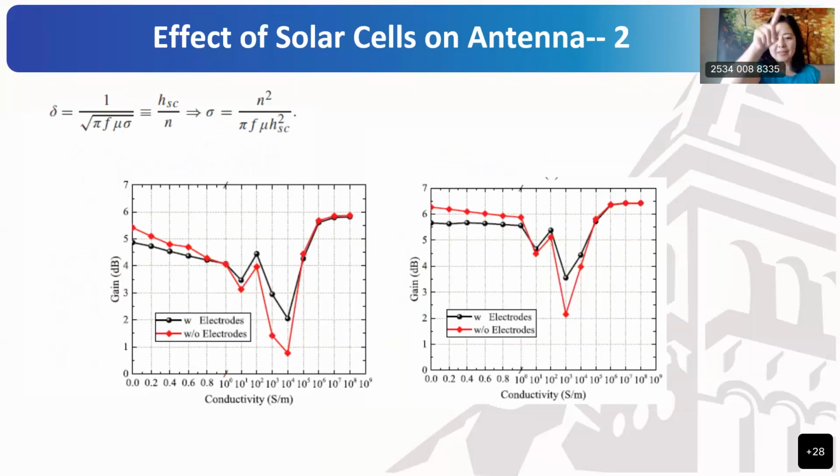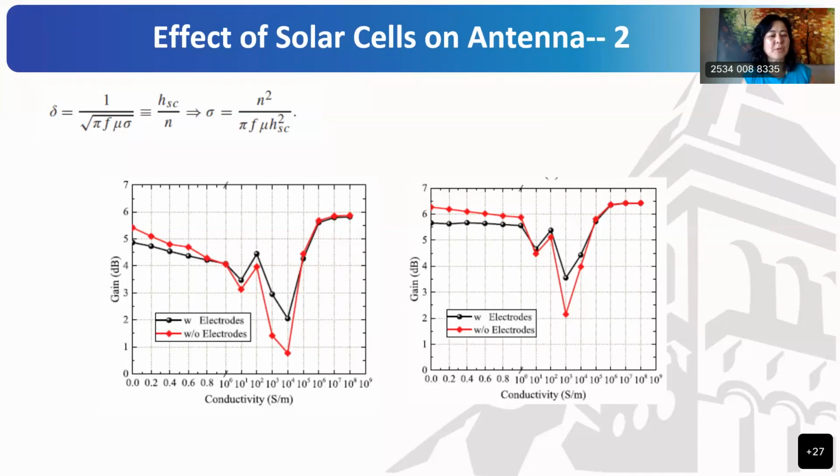Unfortunately, the very bottom part, the dip that you see, is where we have to be working. So what this tells us is the gain reduction is the highest when the conductivity of the solar cell layer below the antenna is somewhere around 1,000 Siemens per meter.